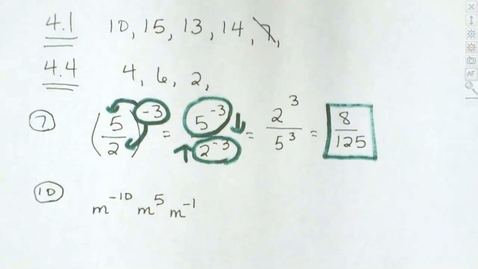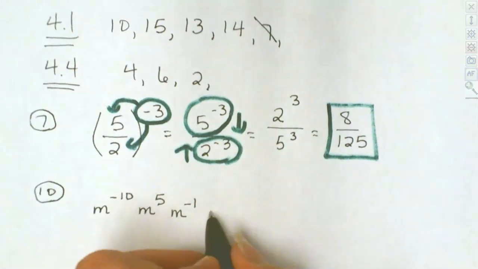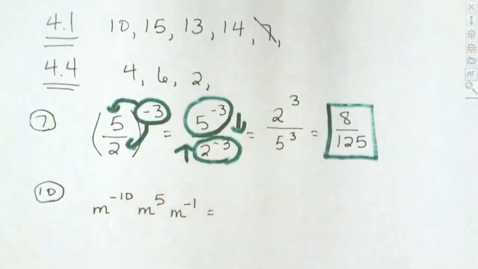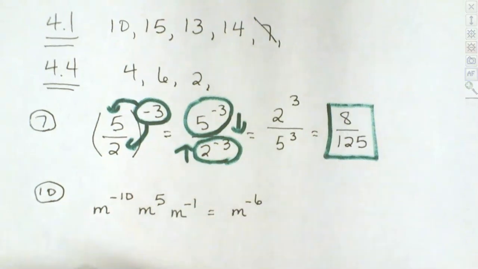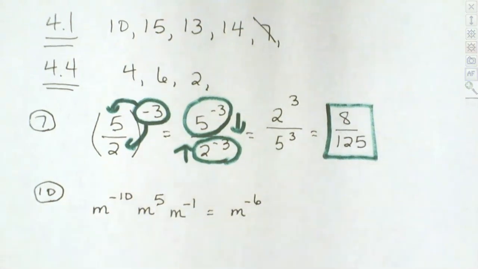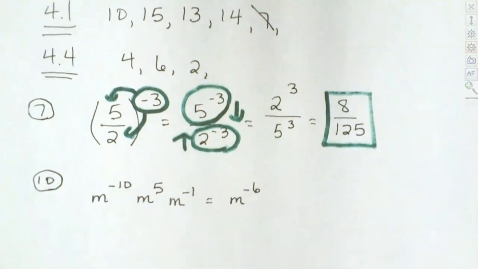There's no parentheses, right? So we're going to apply the product rule. So we add all those exponents together. So minus 10 plus 5, that's a minus 5. Minus 1 makes it m to the minus 6th power. And can we leave a negative exponent?